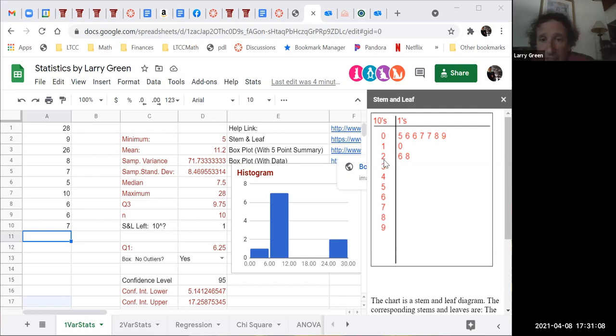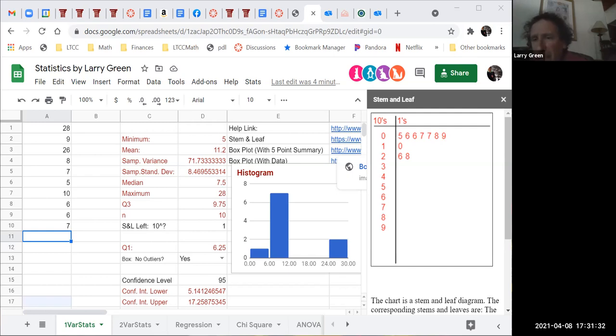That's 2 tens and 8 ones. Well, that's 28. Any questions on reading this stem and leaf diagram? So stem and leaf diagrams are great if you don't want to lose the data values, if you want to keep all of your data values and show it.